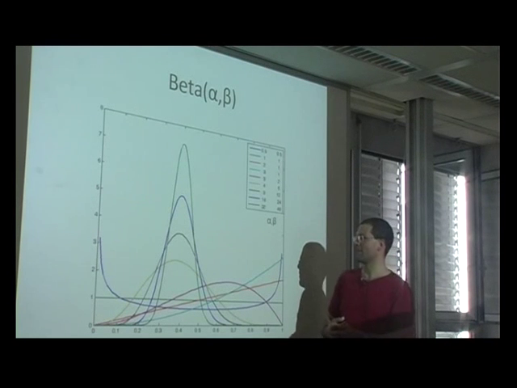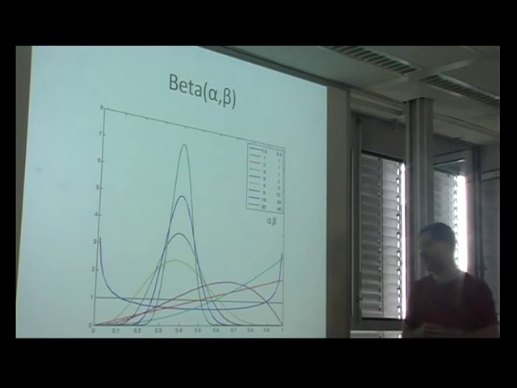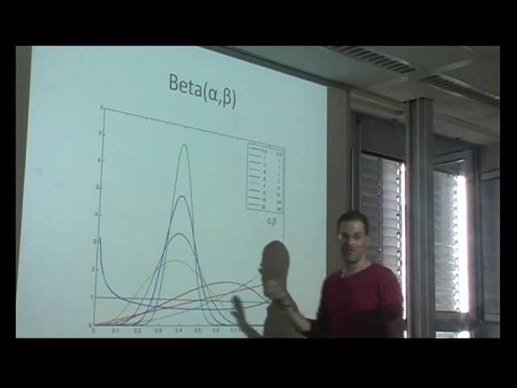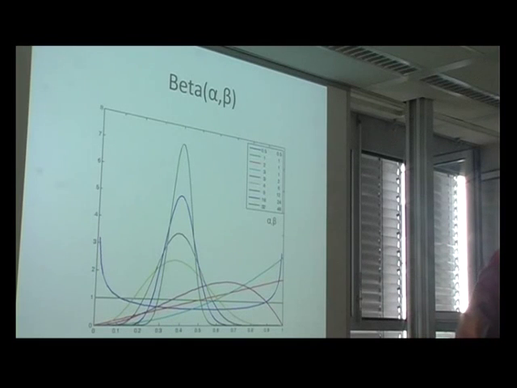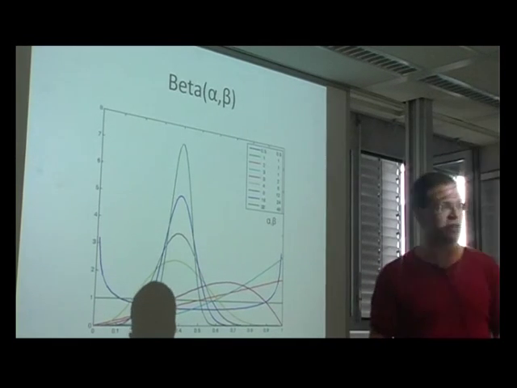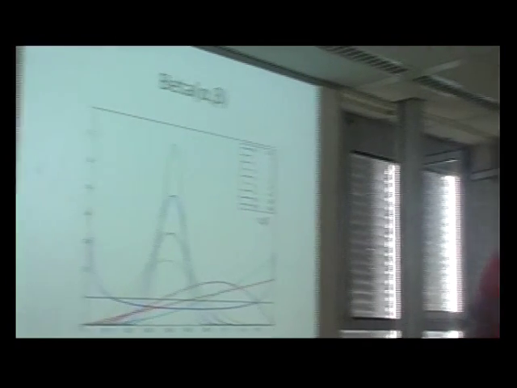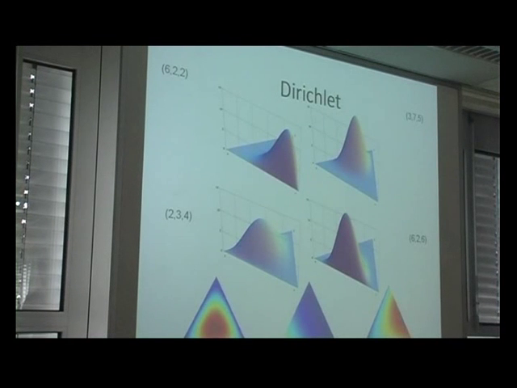The expectation value of this distribution is given by one parameter divided by the sum of both parameters.